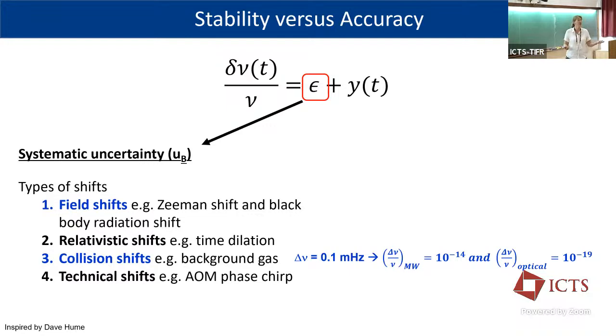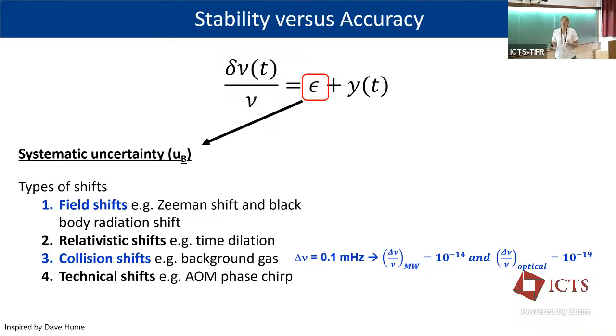And then you win dramatically, because when we divide by the frequency nu, you see a microwave clock here would end up to be in the 10 to minus 14 region. But if I'm working in the optical domain, I immediately put in a 10 to minus 19 region. And this is this dramatic improvement when I'm going from microwave to optical, because many of the shifts that gave us a big headache in the microwave region, the collisional shifts and the field shifts, are just blown away by orders of magnitude.